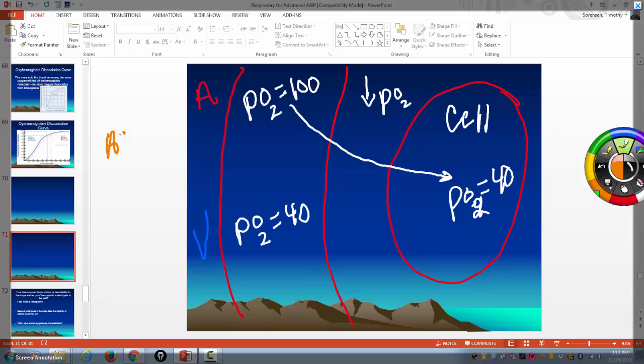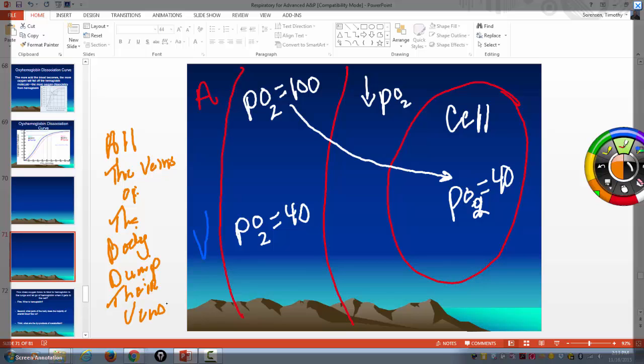All the veins of the body dump their venous blood into the right heart.